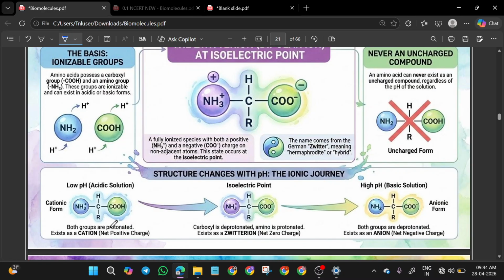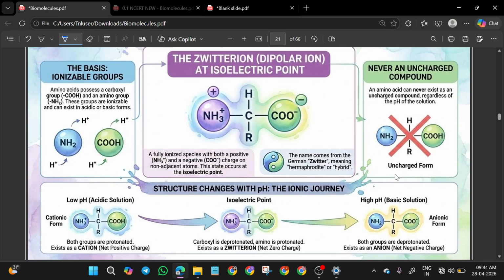At the low pH, both groups are protonated, so H is added to both. At high pH, both groups are deprotonated, meaning H plus is removed from both. Here one is removed and here one is removed. It exists as an anion, that is, negative charge. So this is what we have seen.